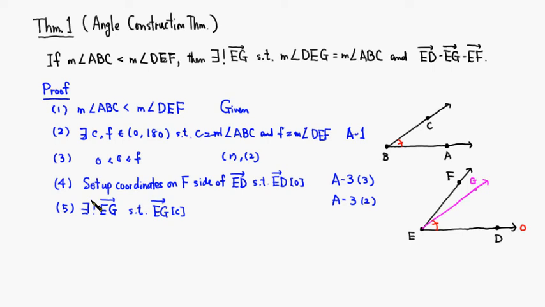Then we chose G specifically so that the coordinate is going to be C there. So let's look at the measure of the angle DEG.